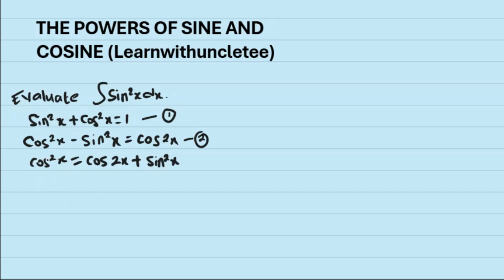So now, if cos square x is equal to cos 2x plus sine square x, if we put this in equation 1, it means that sine square x plus cos 2x plus sine square x will give us 1. So here, sine square x and sine square x, they are like terms. We can add them together.